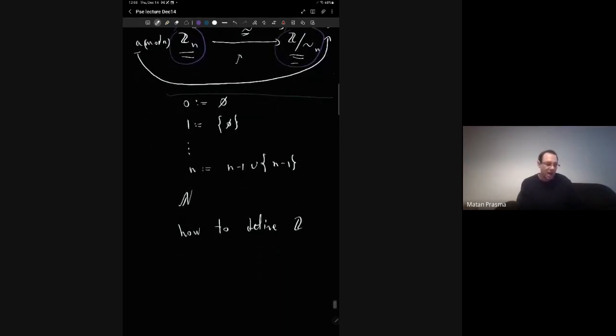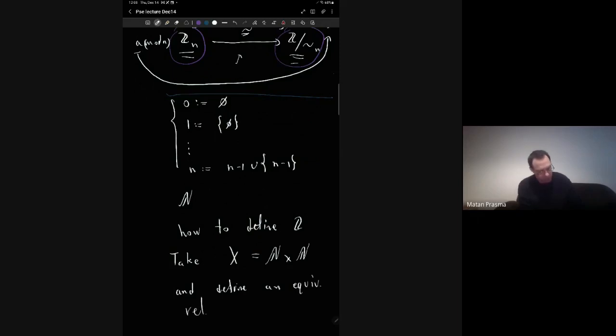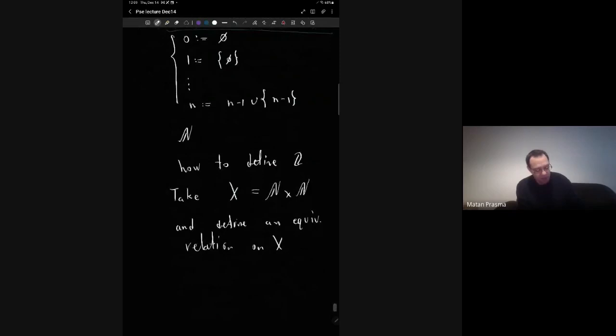I take the set X to be all pairs of natural numbers in the sense I defined above, and define an equivalence relation on X, that is, on pairs of natural numbers.